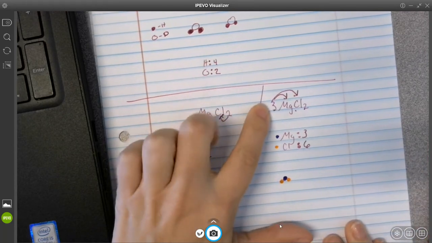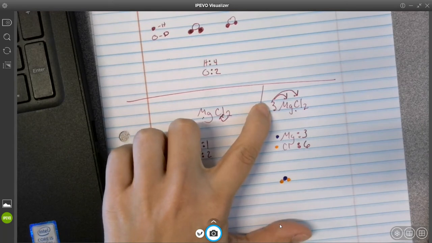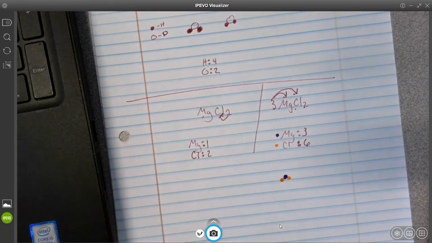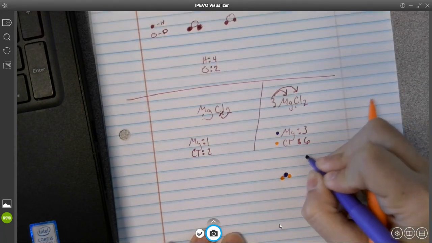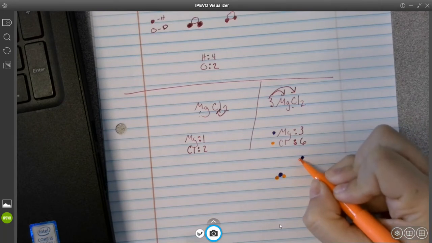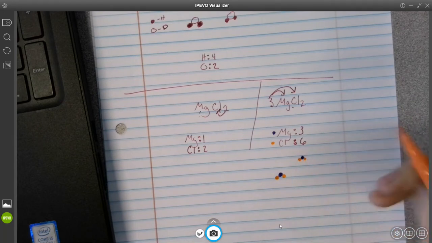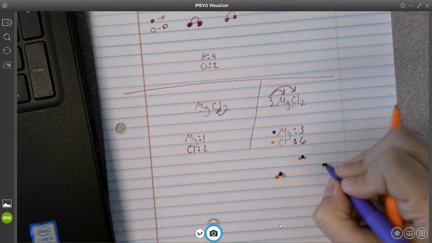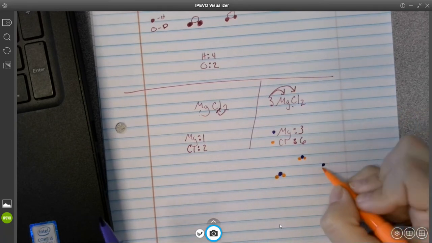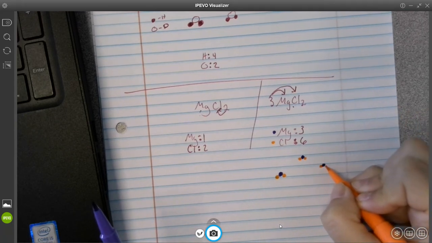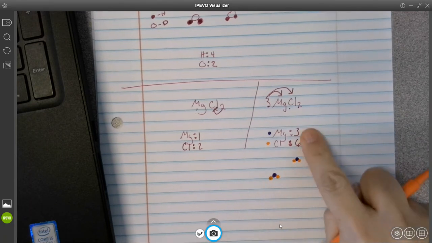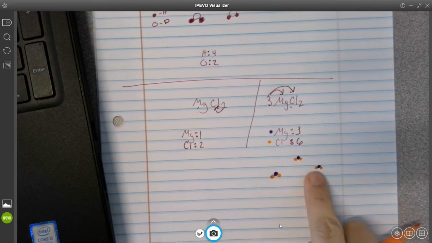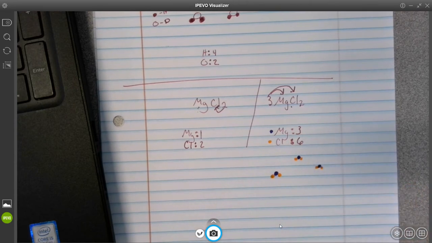And of course, our coefficient of 3 tells me that there's 3 of these molecules present. So I'm going to draw out a total of 3 magnesium chlorides. And this is just a visual representation, so I can visually see that I have 1, 2, 3 magnesiums and 2, 4, 6 chlorines.